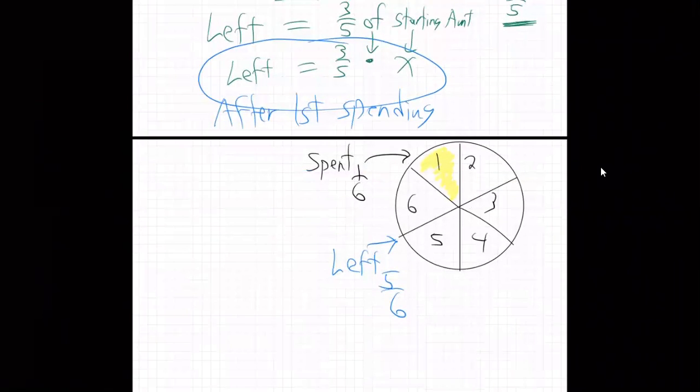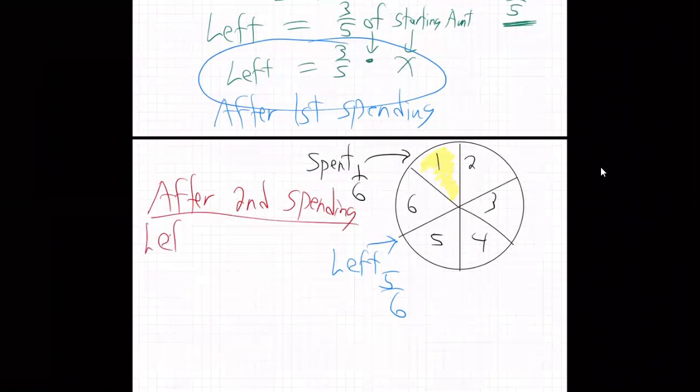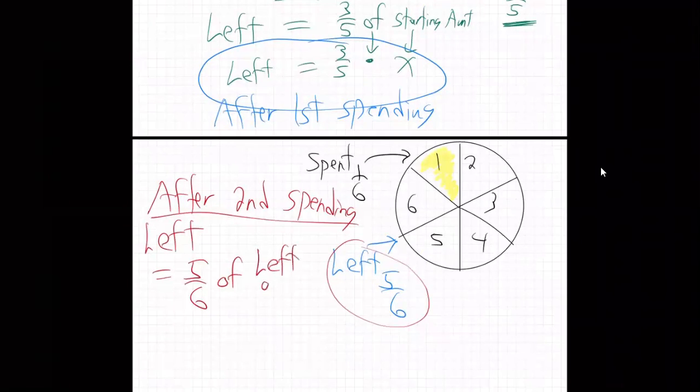So what does that mean? After the second spending, what is left is 5/6 of what? Whatever was left after the first spending.